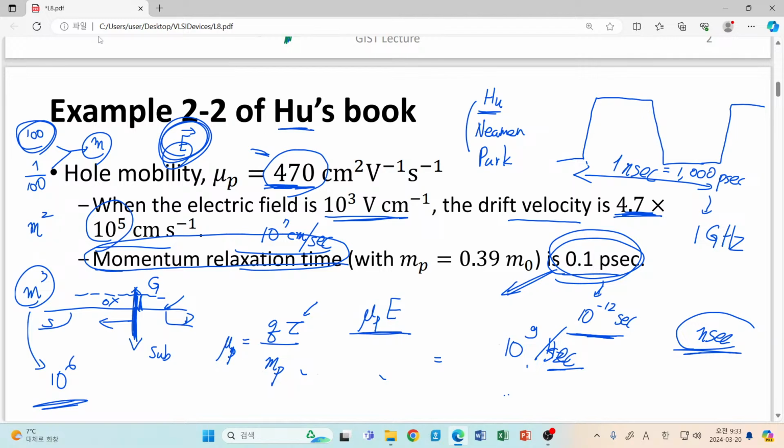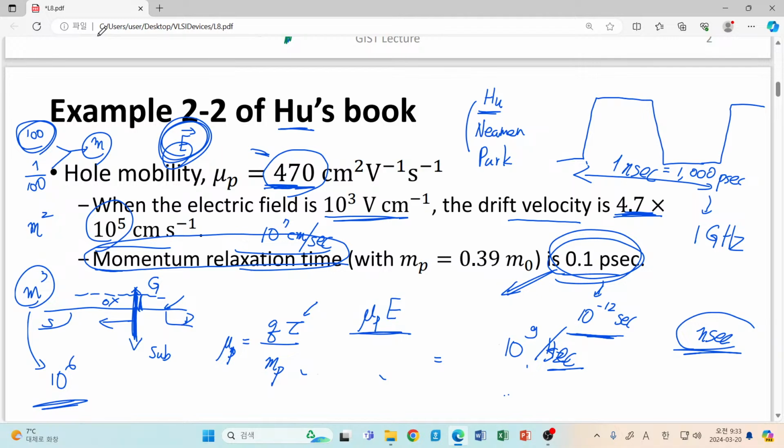And this 0.1 picosecond characterizes the expected average time scale between one scattering and the next scattering. For example, if you have 0.1 picosecond as the momentum relaxation time, then roughly speaking, within 1 picosecond your holes will see 10 scattering events.